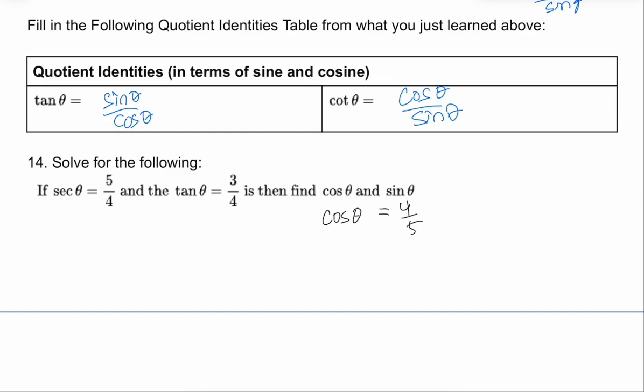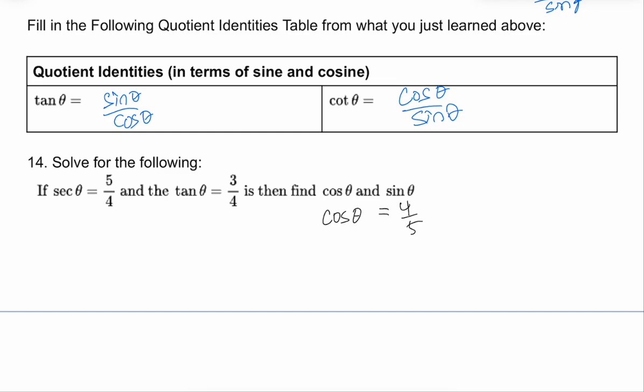Okay, so that one's done. Bam, great. But now we have to figure out what can tell us the sine. And I'm going to show you 2 different things that are both legitimate ways to do the problem. So you might have done it one way and another person might have done it another way, but it's totally legit. Again, you could have drawn a triangle, but we're trying to move past that.